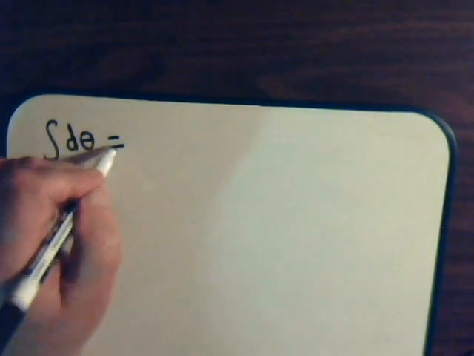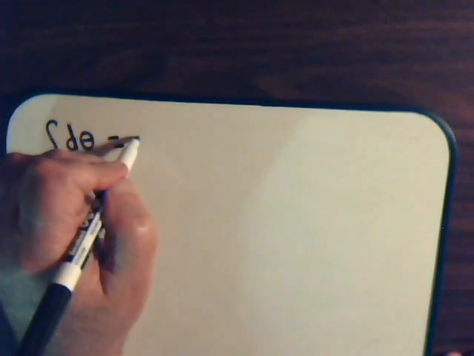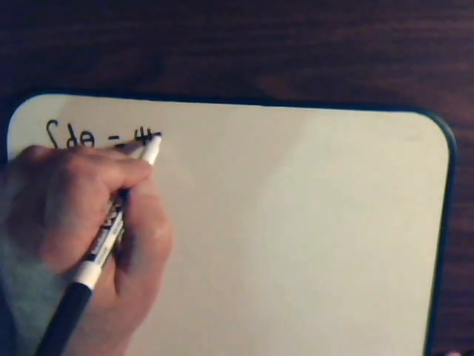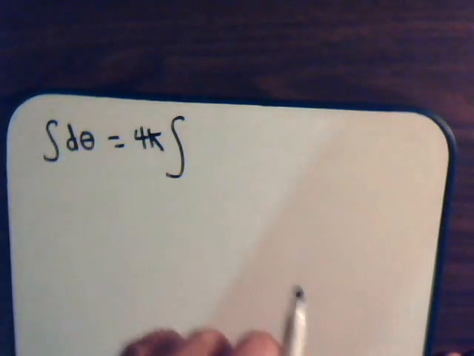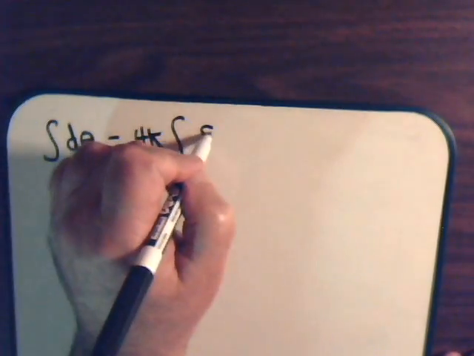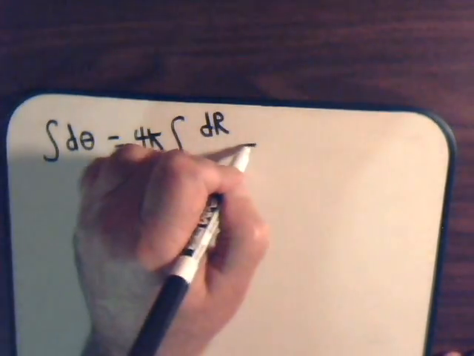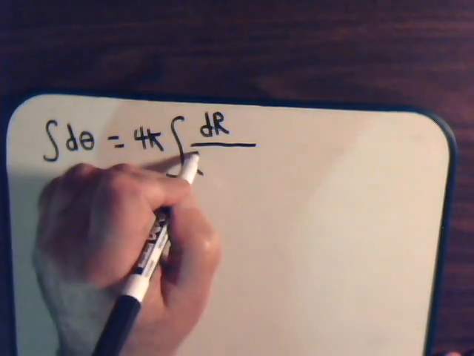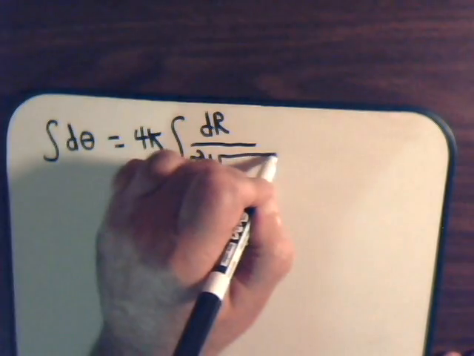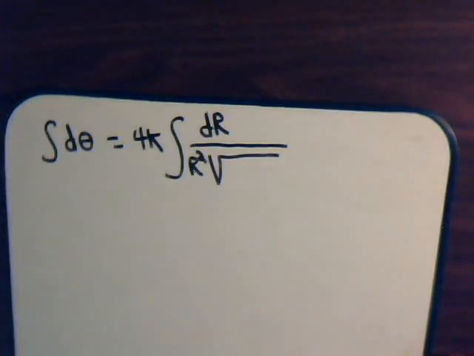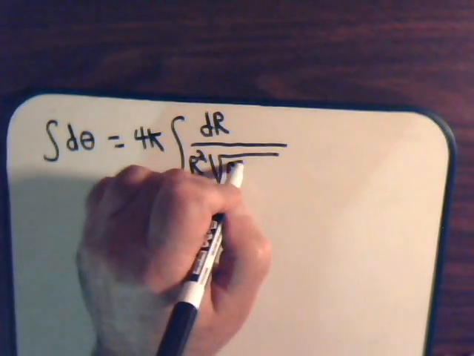So let's see, we have the integral of d theta equals, and we had 4k, that's a constant, we can just take it out to here. Then we had the integral of dr divided by r squared times the square root of r squared minus k squared.